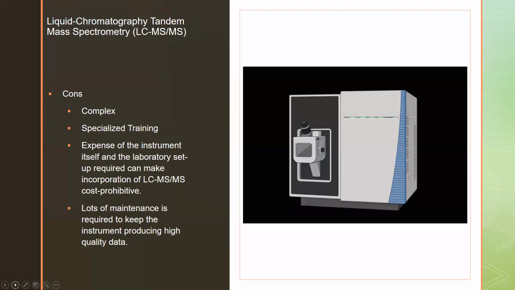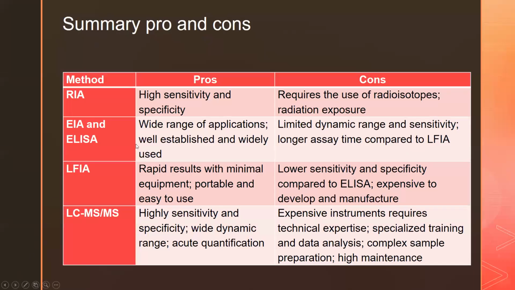But it's complex. It takes specialized training, and it requires a lot of maintenance. So these are not inexpensive at all. So I have a list here of considerations whenever you're thinking about, once you get your biospecimen, where you're going to get the specific biomarker, some of the pros and cons.